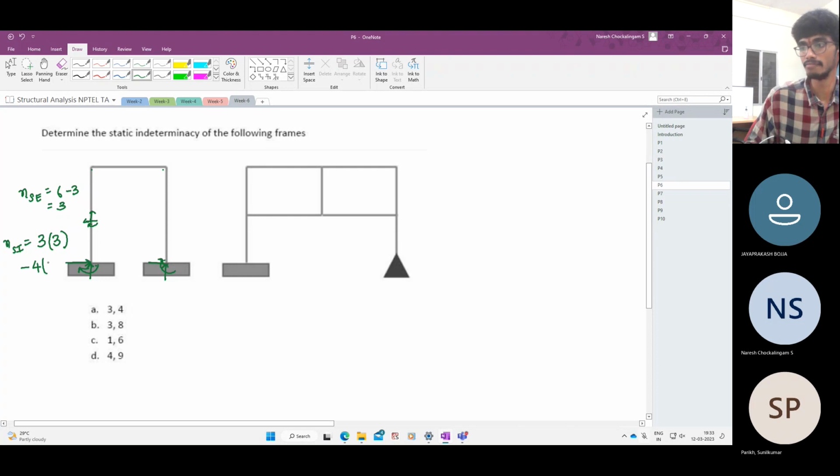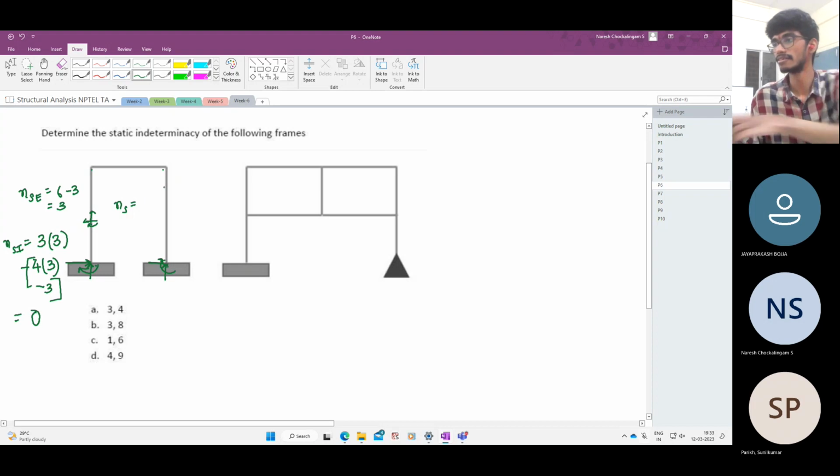For each of them, I have 3 equations of equilibrium. But if I consider all 4 joints, then the global equation will also be included, so I have to subtract 3. So how much is this? Degree of static internal indeterminacy is 9 minus 12 minus 3, which is 0. So for this structure, NSI is equal to 0. 0 plus 3, which is 3.